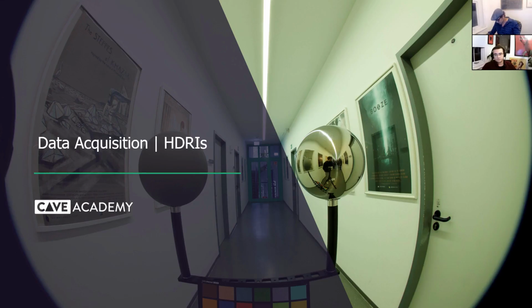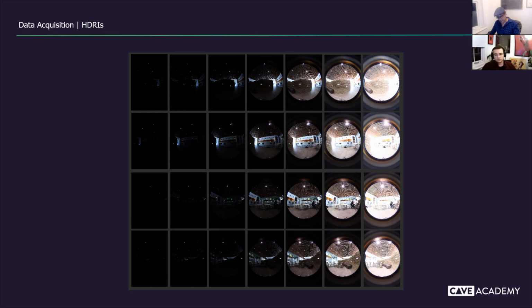So HDRIs, this is what everyone thinks is the most important thing to capture on set. And to a point, they are extremely important for both lighting and look dev. But as well as capturing the 360, there's always more data you can capture.